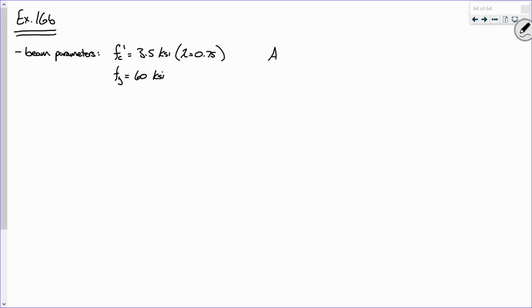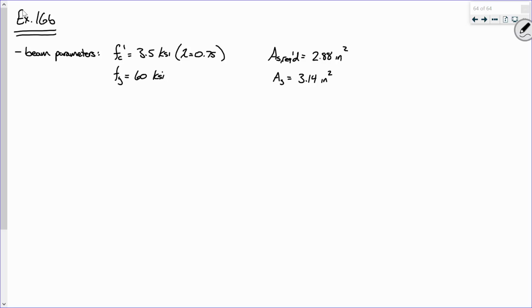I'm going to call this area of steel required was 2.88 square inches, but our actual area of steel is 3.14. What's that? Pi, basically.